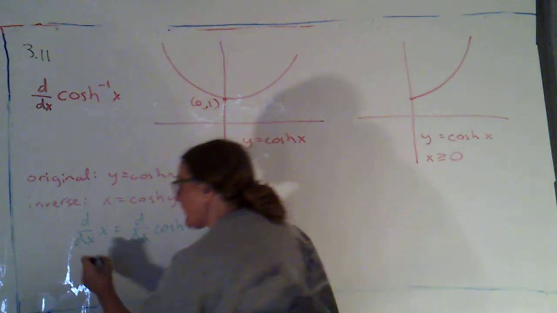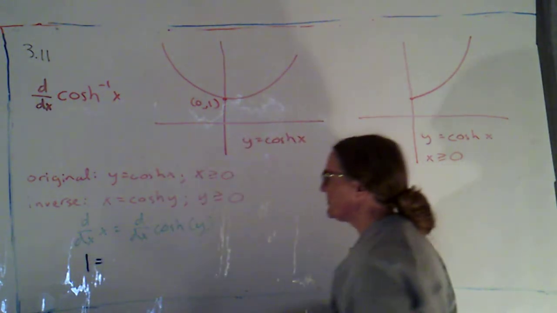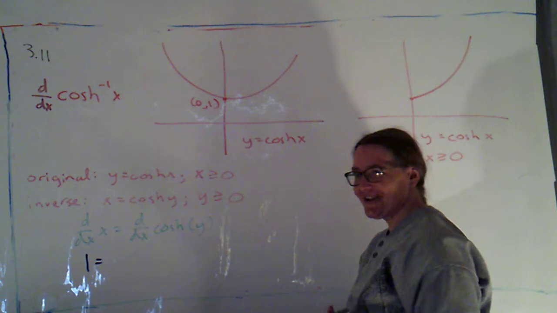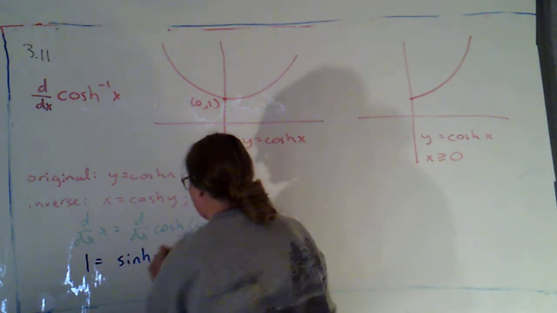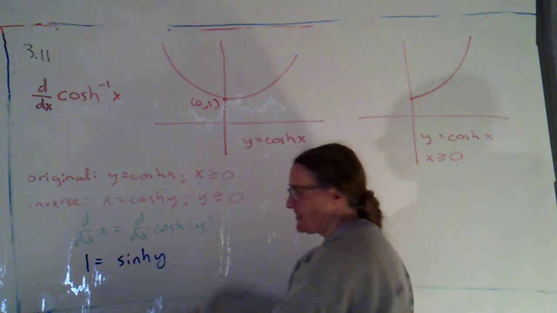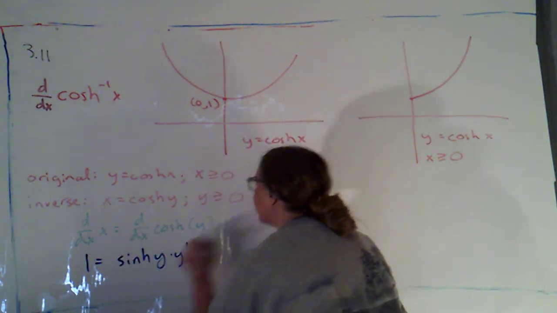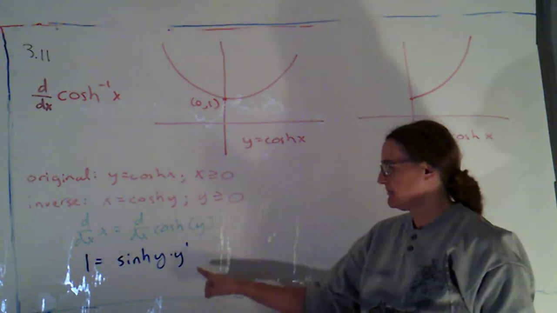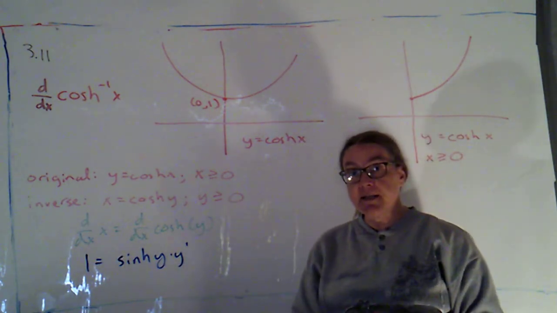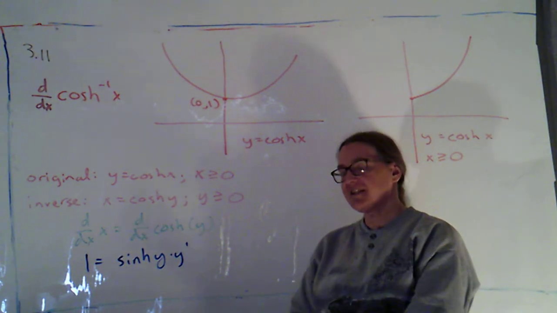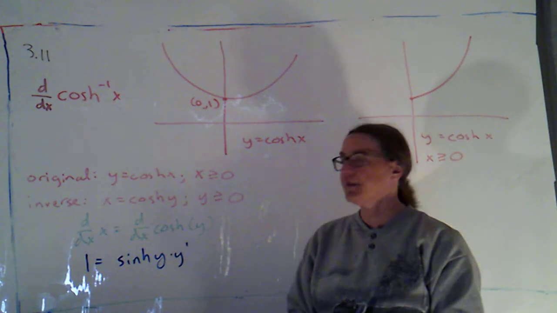So the derivative of x is just 1. The derivative of cosh is sinh. Remember, no negative sign there. Sinh of y, and then chain rule, times the derivative of the inside part, y prime. Remember our derivative rules. For hyperbolic trig, sinh, cosh, and tanh contain no negative sign in the formulas for their derivative.